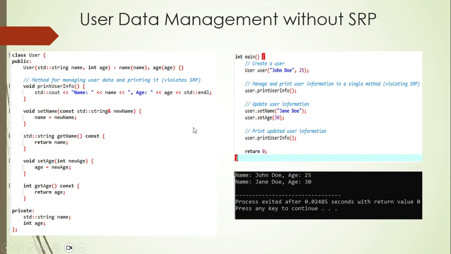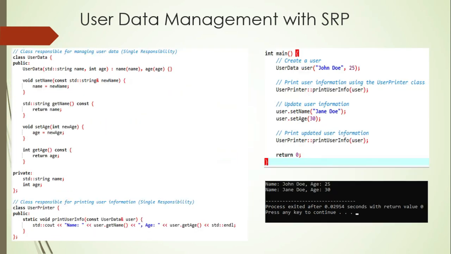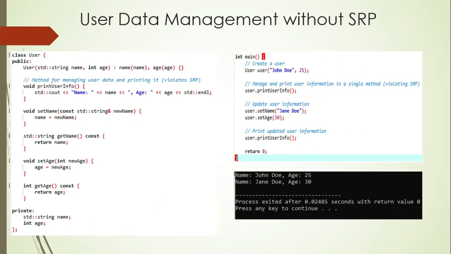If you see here, writing this code is easier as compared to this one, if we compare and analyze deeply. But the problem is that the structure of this code is not managed well as compared to the code which follows the SRP.